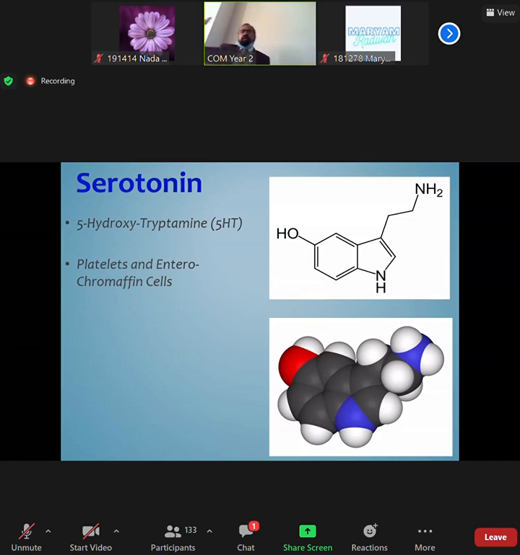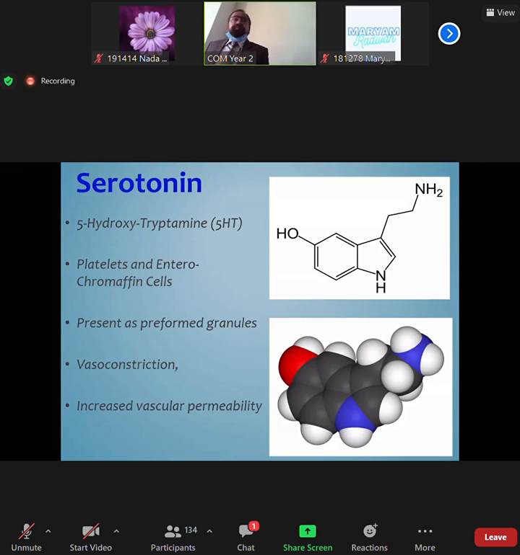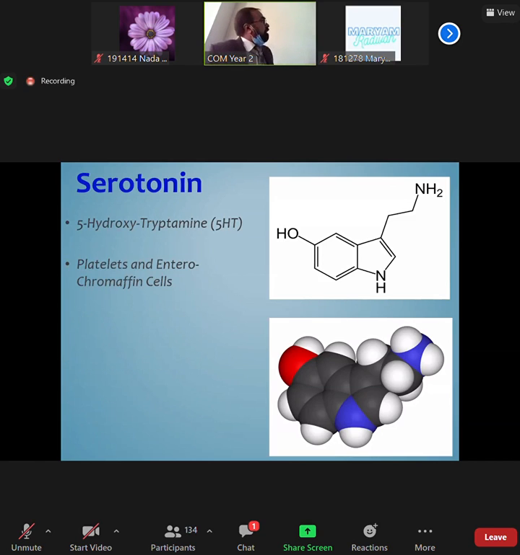So this serotonin is secreted from platelets as well as enterochromaffin cells. These enterochromaffin cells are present throughout the GI tract, and usually serotonin regulates the movement of the GI tract. 5-hydroxytryptamine is also called 5-HT; this is a name of serotonin.